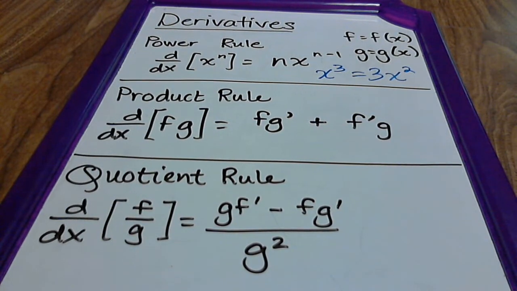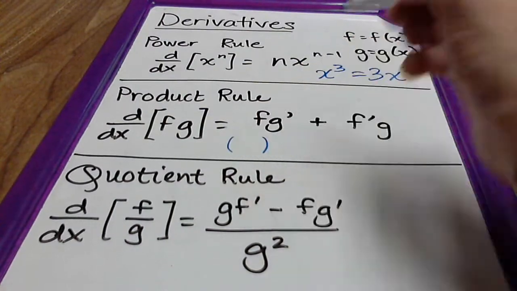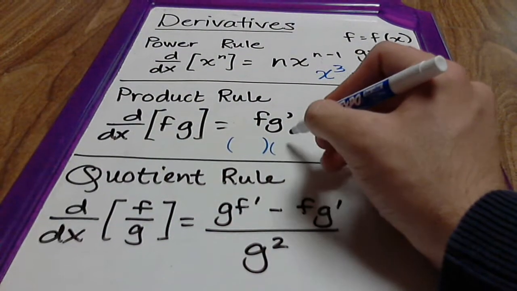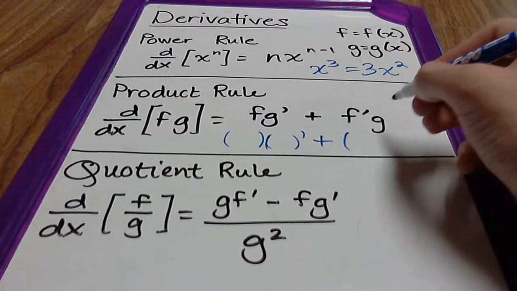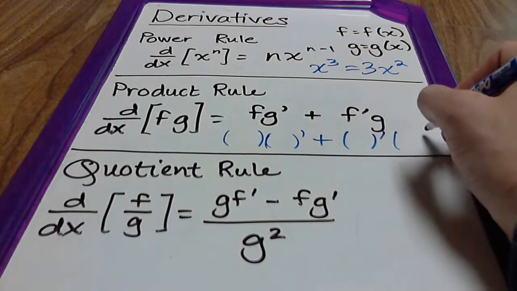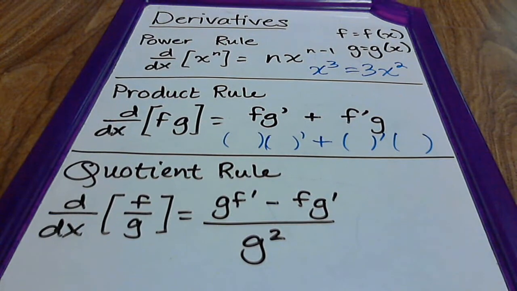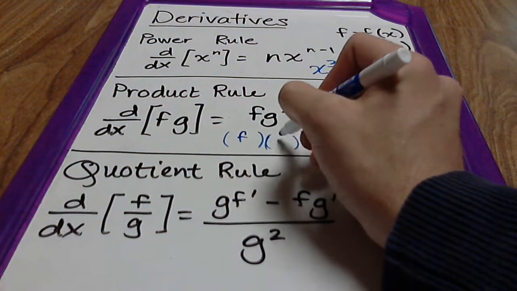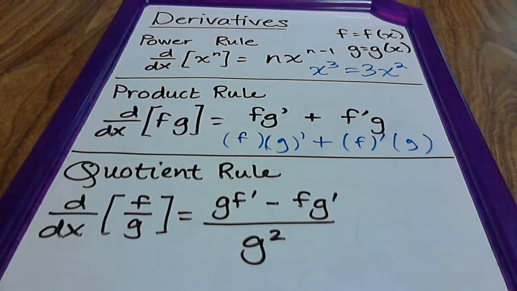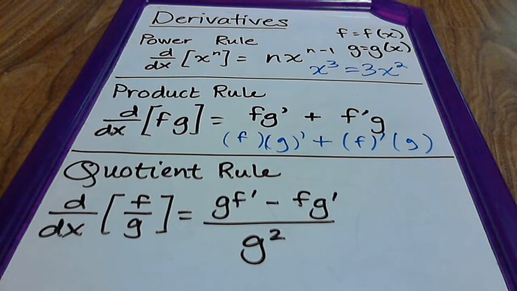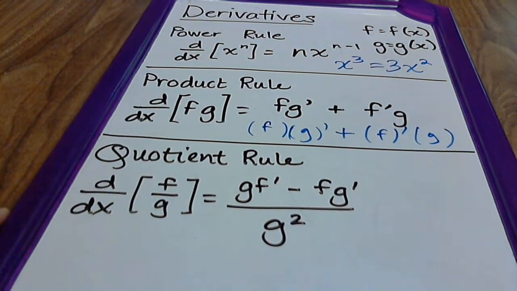So if you have two functions being multiplied together, you have the original function times the derivative of the other function plus the derivative of the original function times the other function. So you have f g prime plus f prime g.